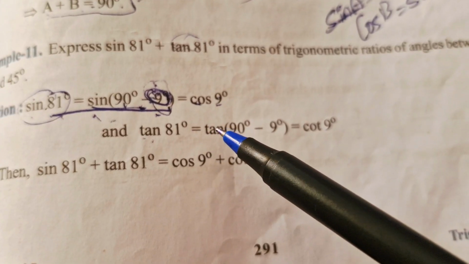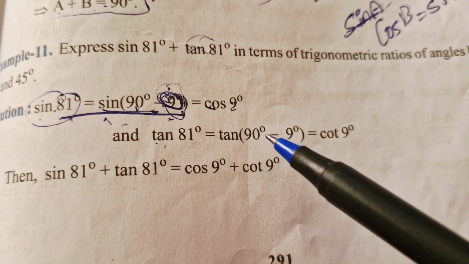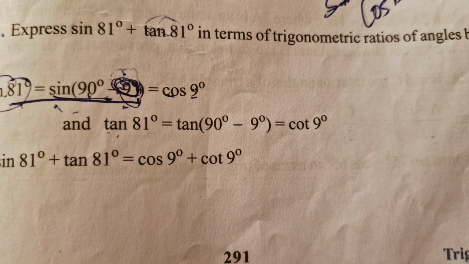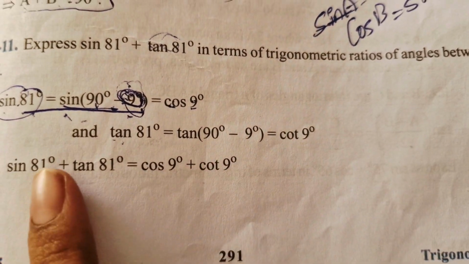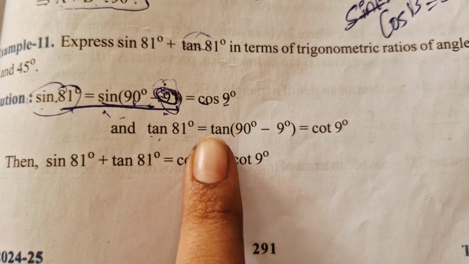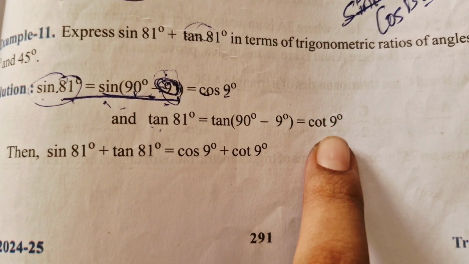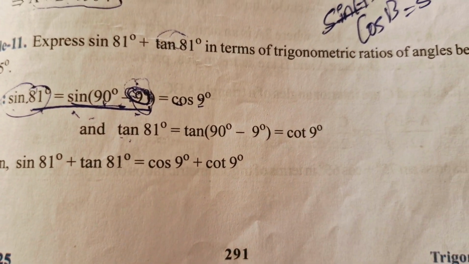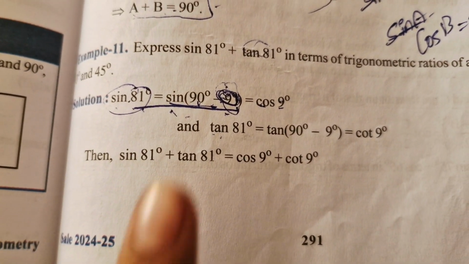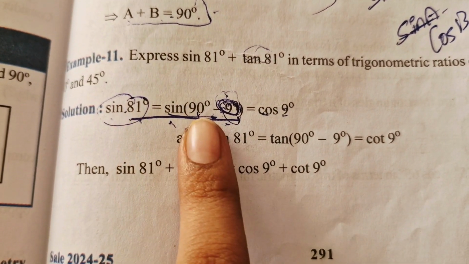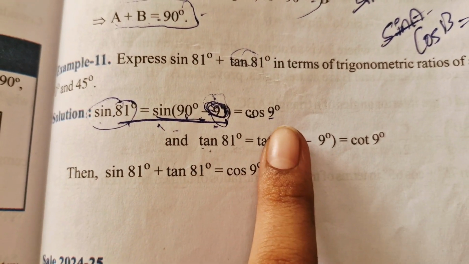Tan 81 is equal to tan 90 degrees minus 9 degrees, which is equal to cot 9. See, in the previous case, cos 90 minus 9 is equal to cos 9.